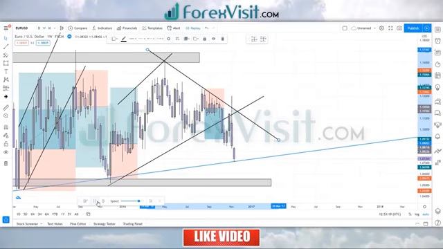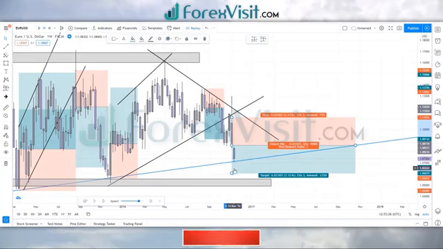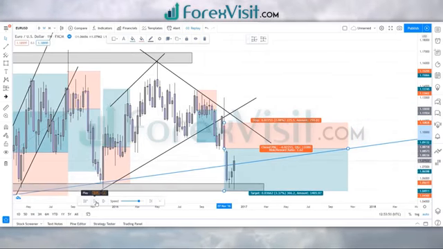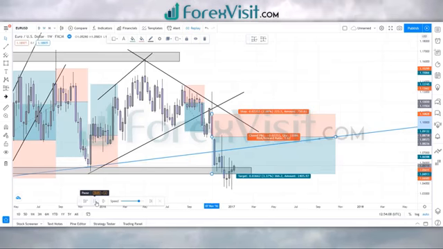At this point, you will see that the candle got rejection through the trendline. So here we place a sell trade. We won this trade as well.